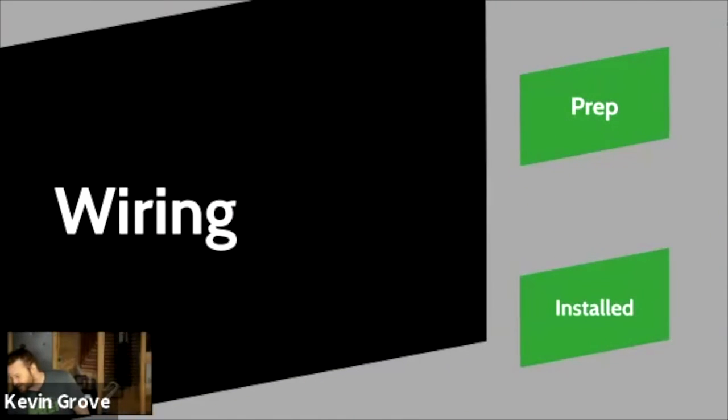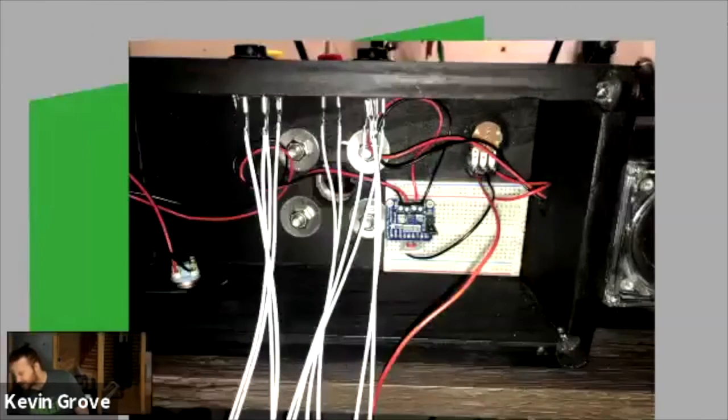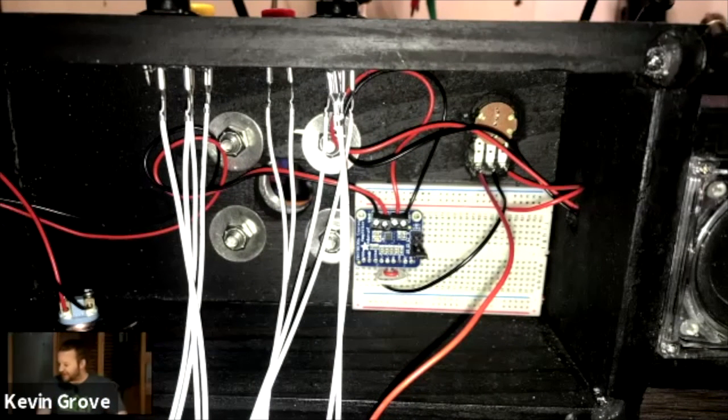The wiring itself was a little messy back there, but before you install everything, make sure everything is going to fit. I think I probably could have made this a little bit bigger, but here you see the buttons installed, speakers running to the breadboard.